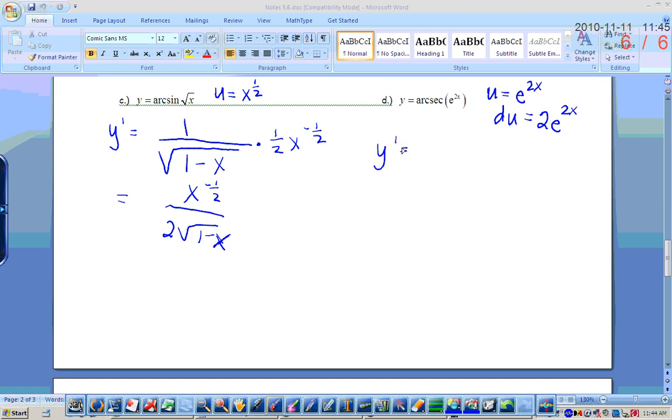Okay, so your arc secant formula is u prime on top, so 2e to the 2x, divided by the absolute value of u. Do I need absolute values around e to the 2x? No, because e to the 2x is always positive, and then times the square root of u squared minus 1. What do you get when you square e to the 2x? e to the 4x.